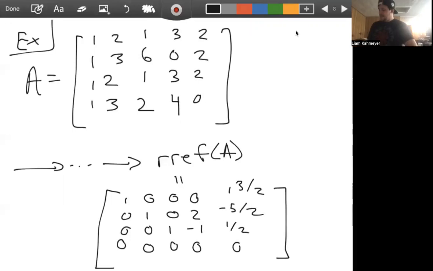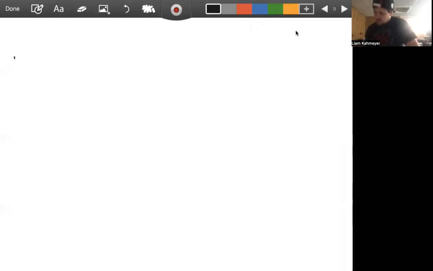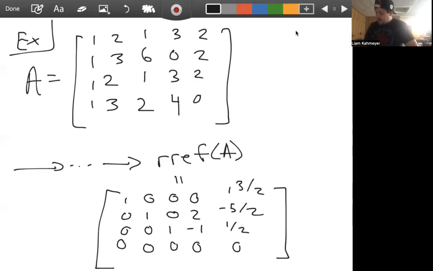So let's find the row space. The row space of A is going to be spanned by the basis vectors consisting of the non-zero rows. So what are the non-zero rows here? Well, we have 3 non-zero rows.